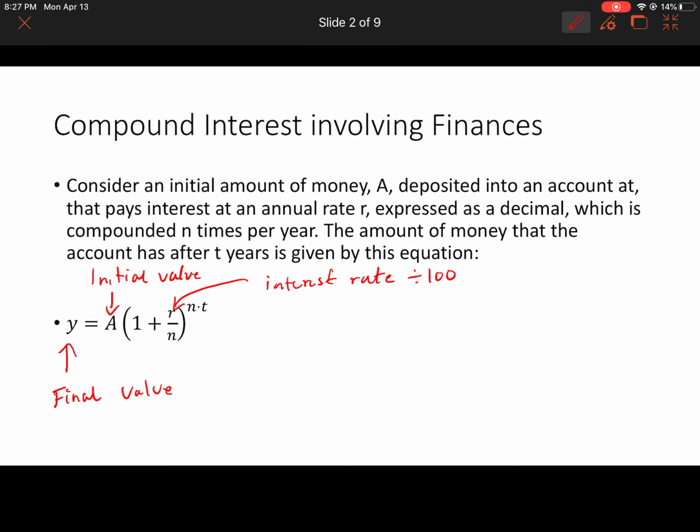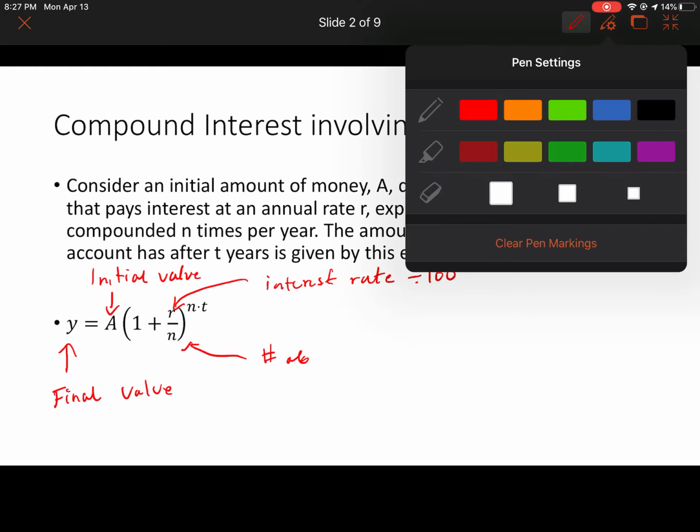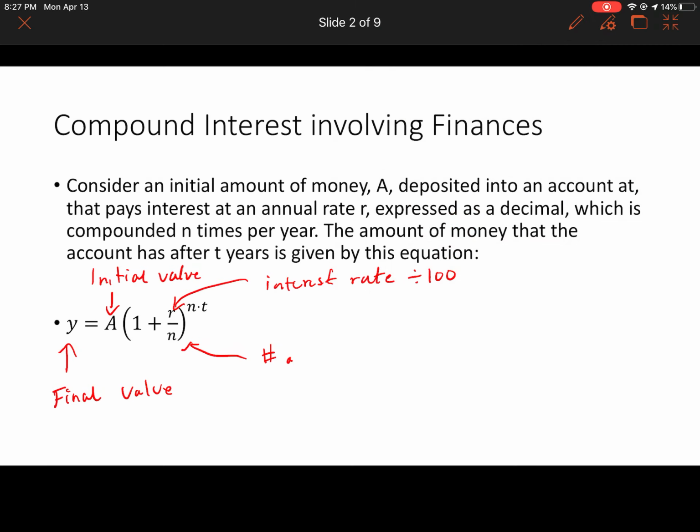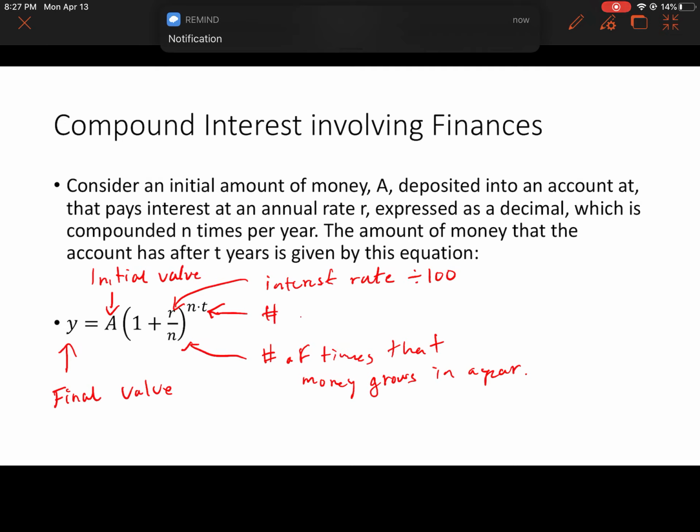And n is the number of times that the money grows in a year. T is going to be the number of years that you want to do this for.